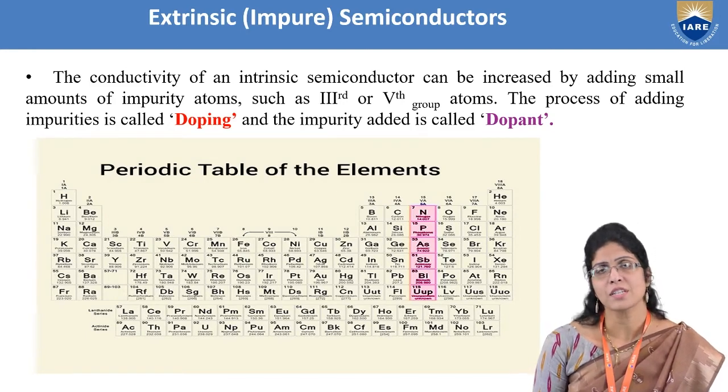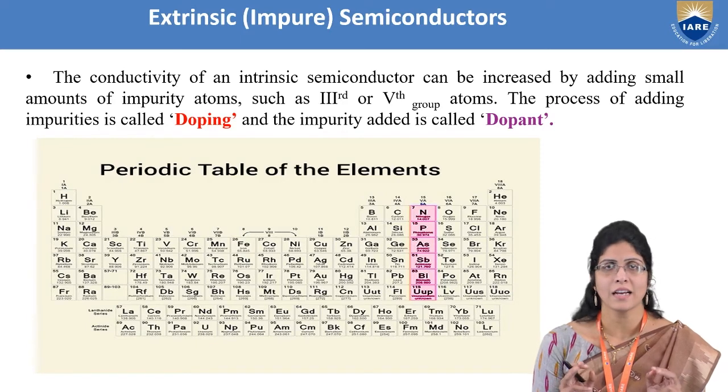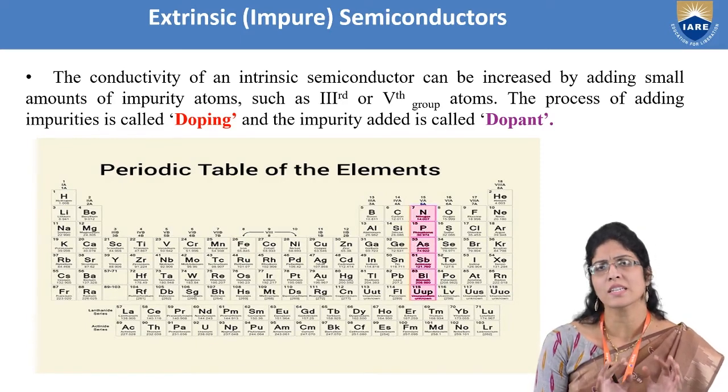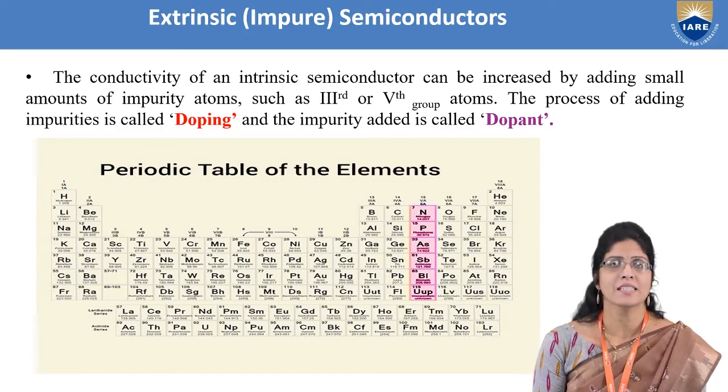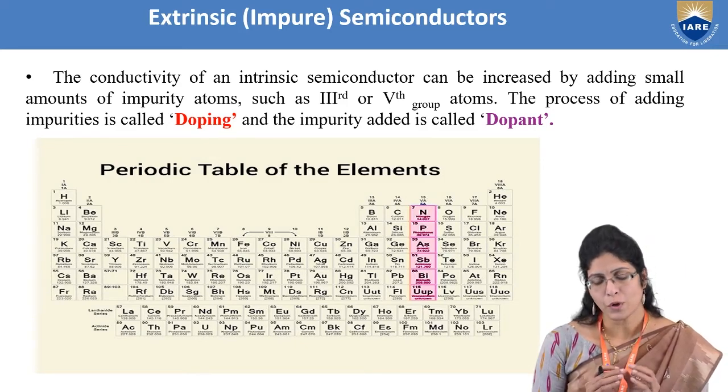The process in which you add other elements into the intrinsic semiconductor is called adding an impurity, because you are disturbing the purity, but it doesn't mean that it is something like dirt.